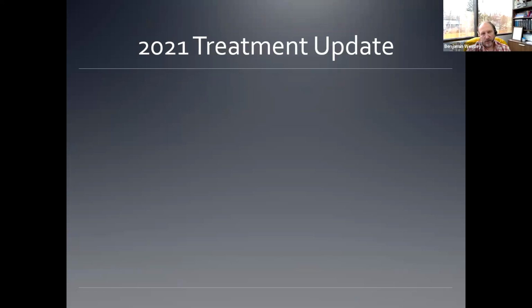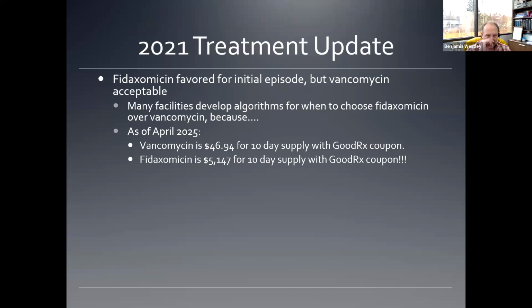Now, in 2021, there was a treatment update from the IDSA addressing just a couple things. And the first thing they did was recommend that fidaxomicin was favored for an initial episode, but that vancomycin was still acceptable. And there's reasons for that. So most facilities develop an algorithm when you choose fidaxomicin over vancomycin, because vancomycin this month was $46 for a 10-day supply with the GoodRx coupon.